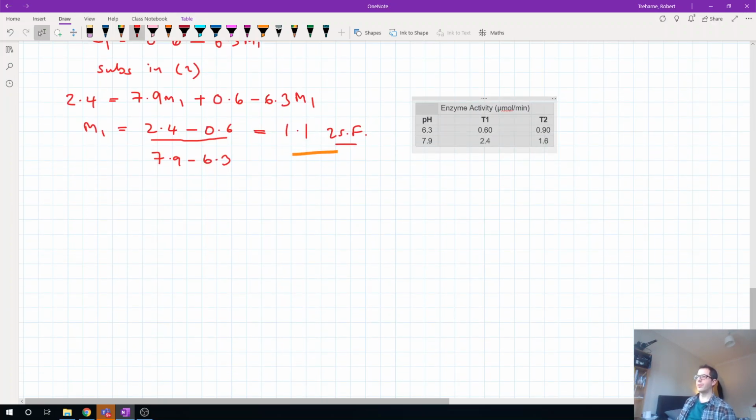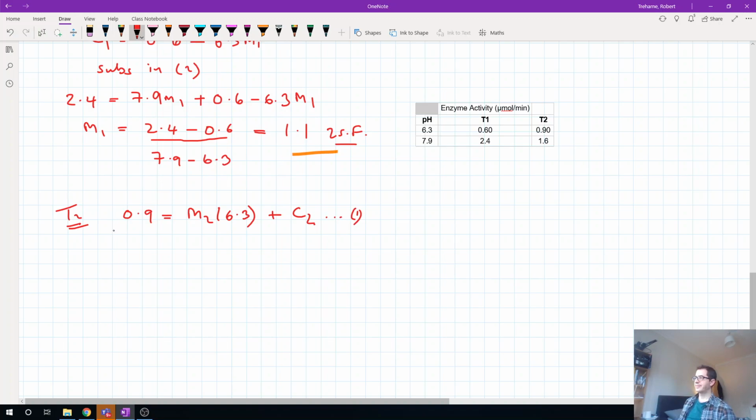Right, now at T2, I've got to do the whole thing again. Okay, so this time 0.9 is equal to m2 times 6.3 plus c2.